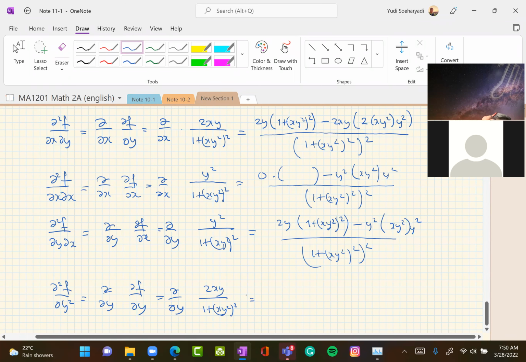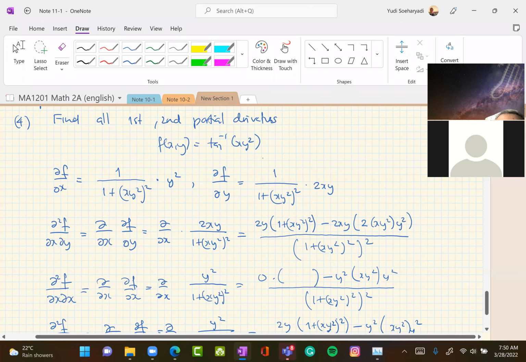The derivative is just 2x times, no, yeah, 2xy times the derivative of this with respect to y. So this is 2y times this. Right? It looks complicated because we use one.